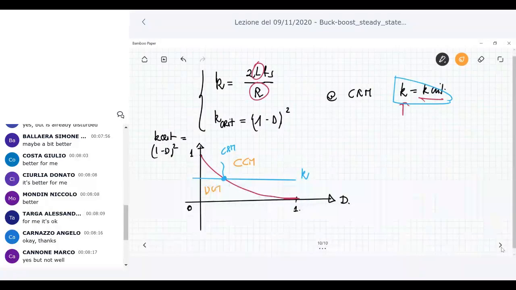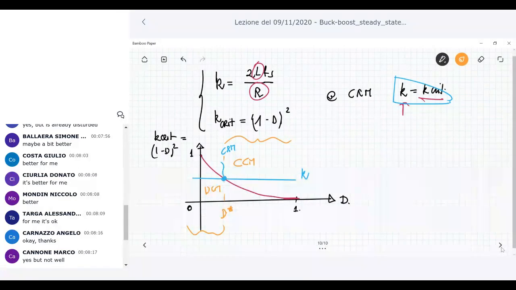So in that situation, for a specific duty cycle, D star, you are operating your buck boost in DCM for the lowest range of duty cycle, and in CCM for the highest range.